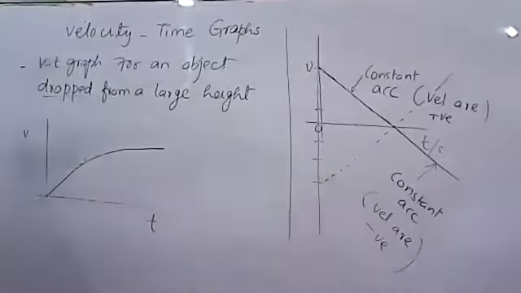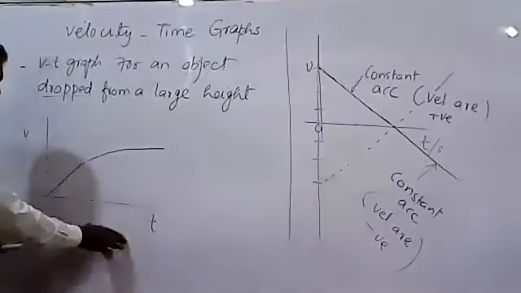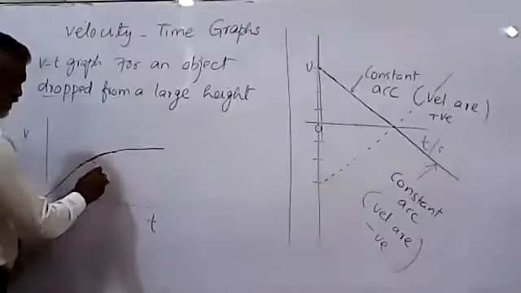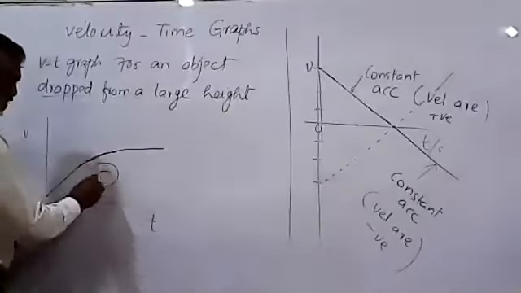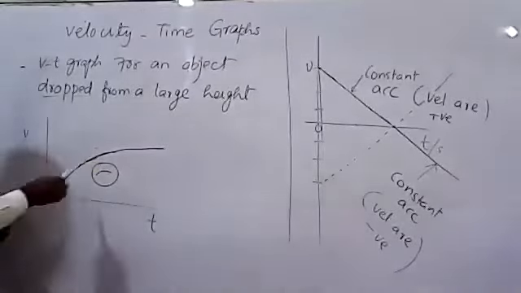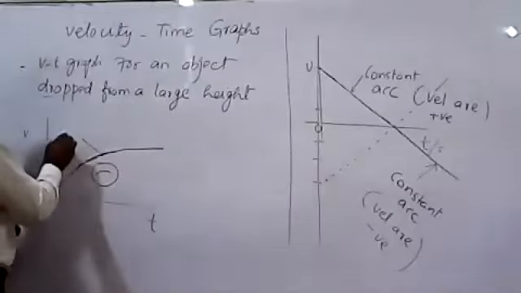Now this is important. On a velocity time graph, a curve like this, as if you have on the sad face again, this means decreasing acceleration. Decreasing.